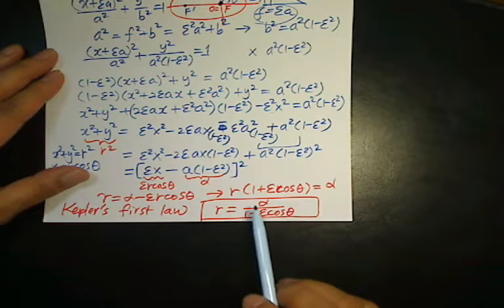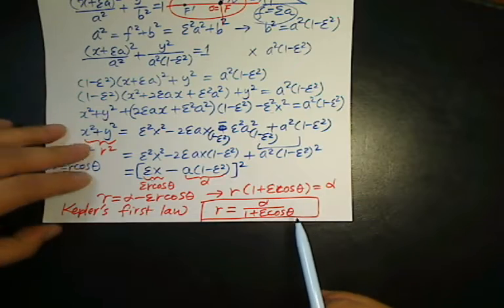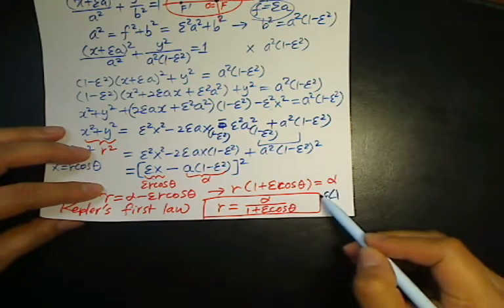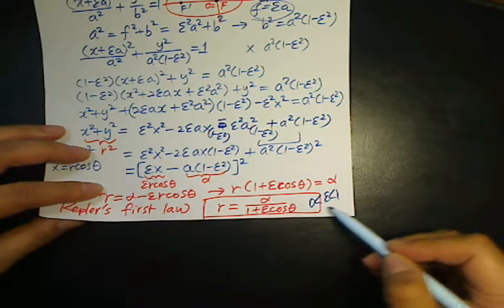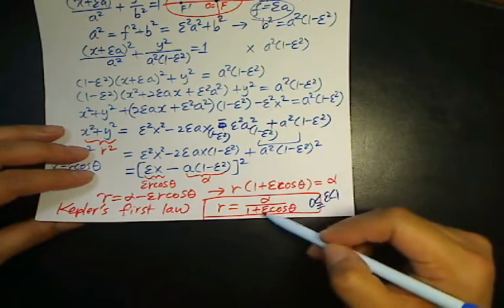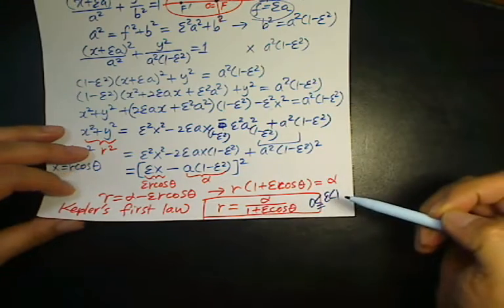So r equals alpha over 1 plus epsilon cosine theta for elliptic motion, where epsilon is between 0 and 1. And in case epsilon equals 0, it is just a circle.